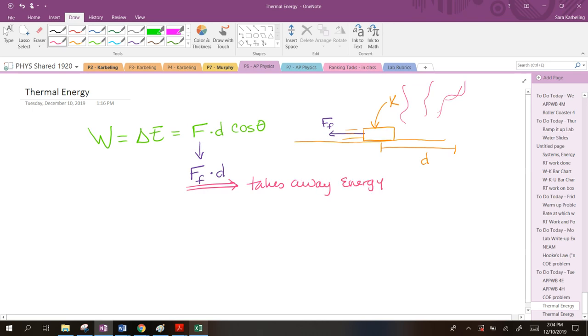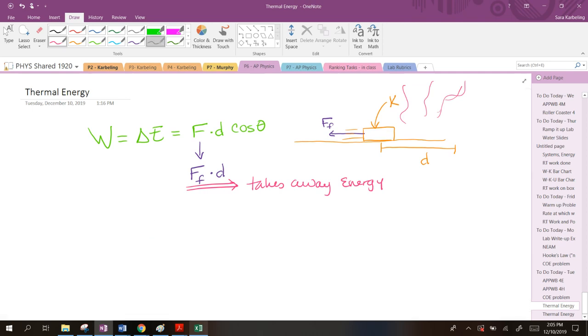Or if you want to close up the system, then you have to include the room as part of the system as well. Because if I take this thing and I do this over and over and over and over, and then I feel the bottom of this box, what's it going to have done? It's going to get warm. It actually warms up, which means that energy is being dissipated into the rest of the room.